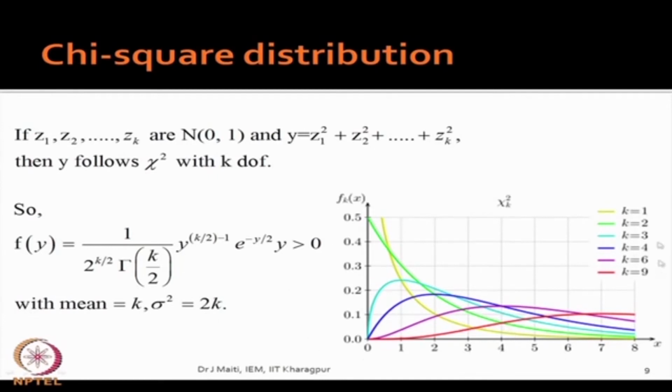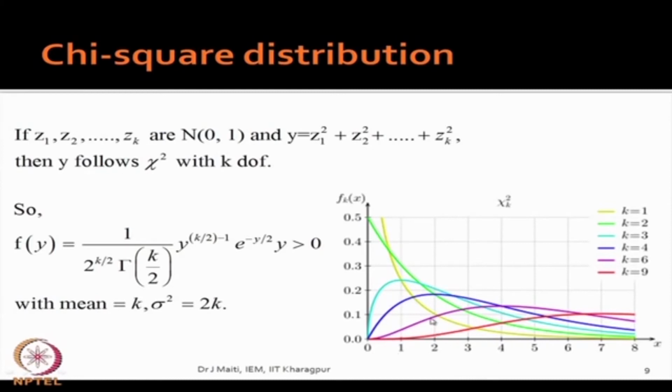In this figure you see the probability density function for a chi-square variable, for different values of k. When k equals 1 or k equals 2, it looks like an exponential distribution, but slowly that shape will change.